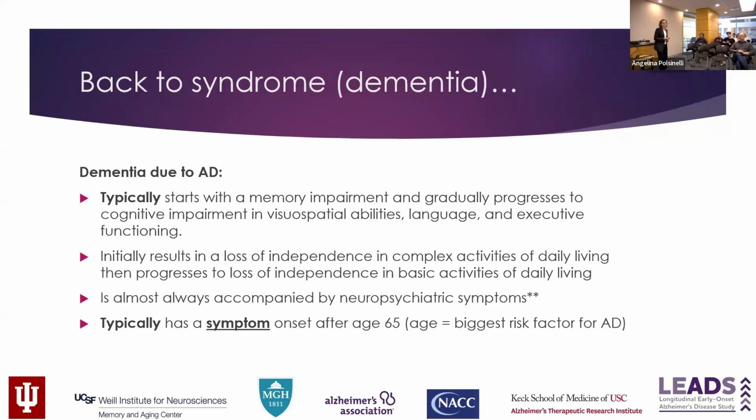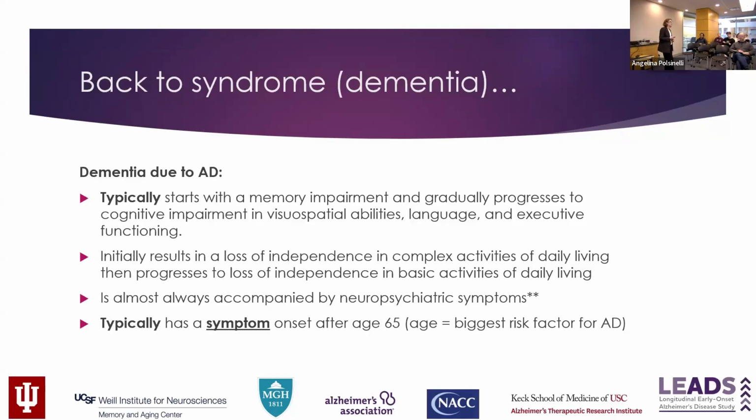That gradually progresses to cognitive impairment in other domains as well. Initially, when someone is experiencing a neurodegenerative disease like Alzheimer's, it's going to impact their independence in day-to-day life, starting with complex activities, and then getting worse over time such that it impacts basic activities of daily living.